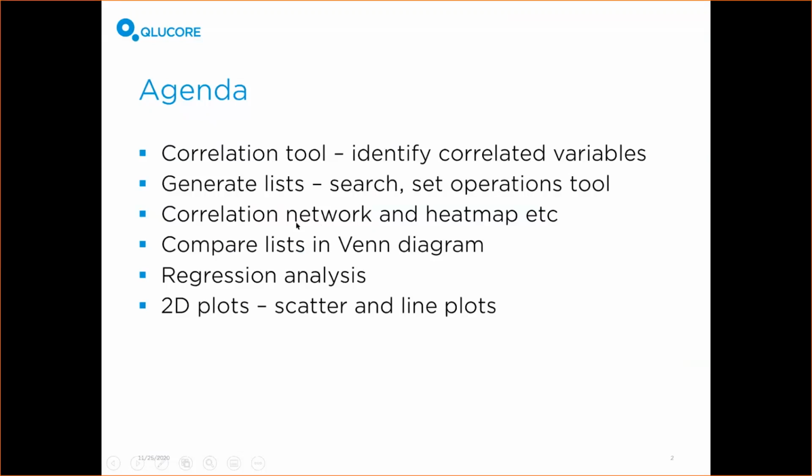I will show you how to generate a correlation network and work with that in a heat map as well. We will compare lists that we've generated in a Venn diagram, and then we will perform regression analysis. And finally, we'll have a look at different options to present your results in scatter and line plots.